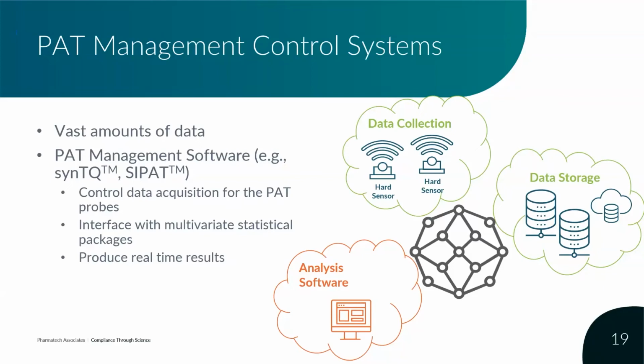I believe these are from GEA, the CintiQ and SciPat. An important understanding here is that these process analytical technology tools convert spectral values into meaningful data that can be correlated with a critical quality attribute.